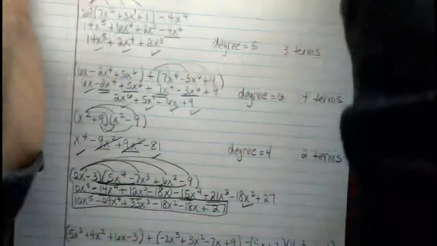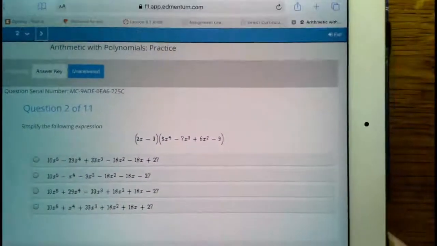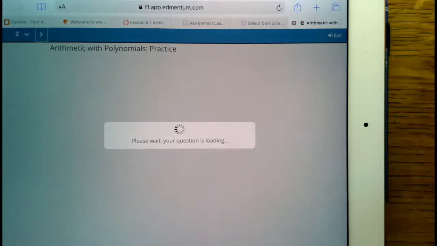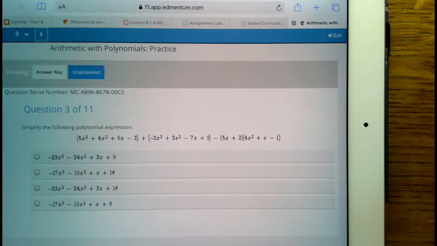As I pull my iPad back up here for a minute and go to the next problem, what we're going to do is we're going to be adding and subtracting these. They look more intimidating than they are, in case you're wondering.